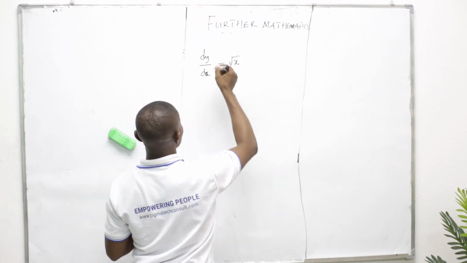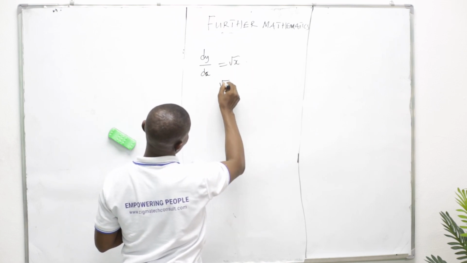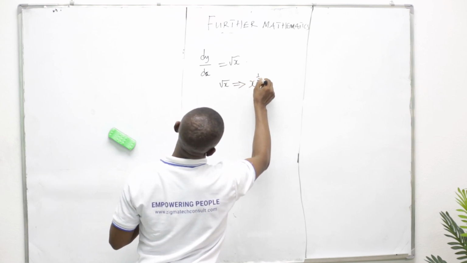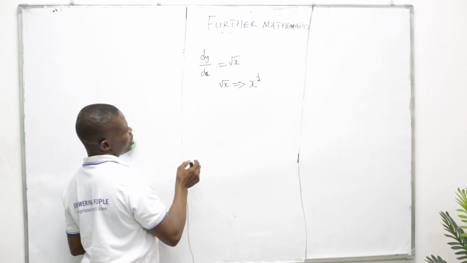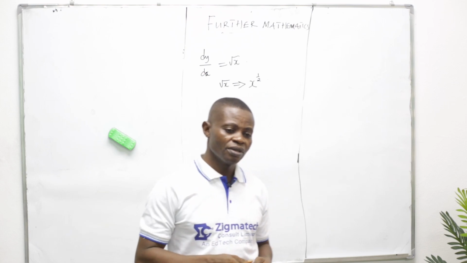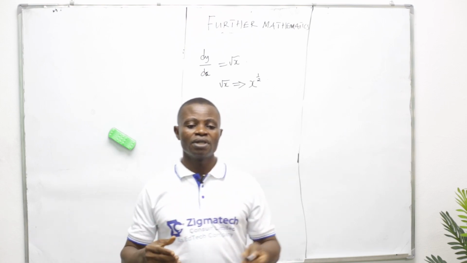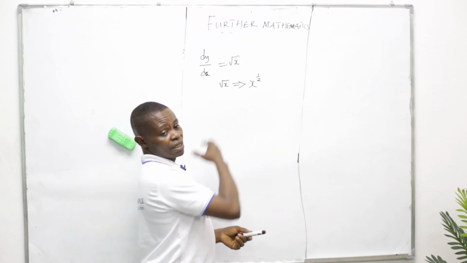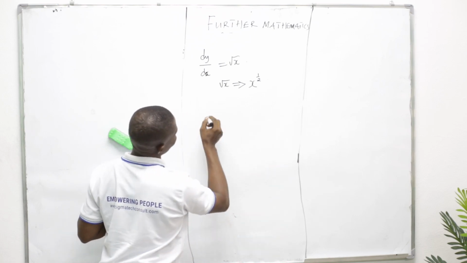Remember from indices, root x implies x raised to power half. Now, if we are to get the value of y, it simply means we integrate both sides, just like when you are solving a change of subject formula, say taking the square root of both sides or squaring both sides, now taking the integral of both sides.